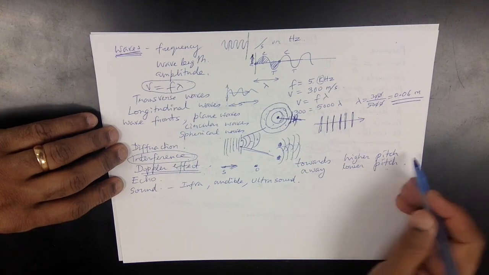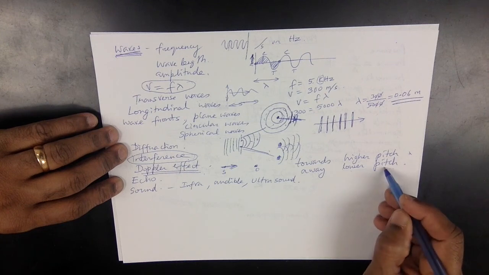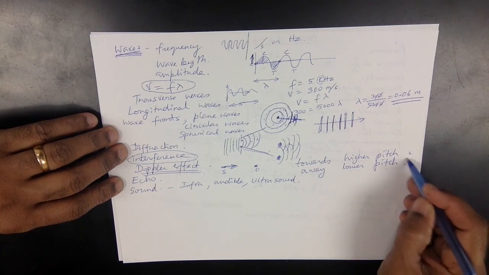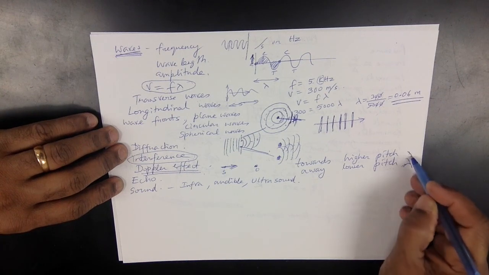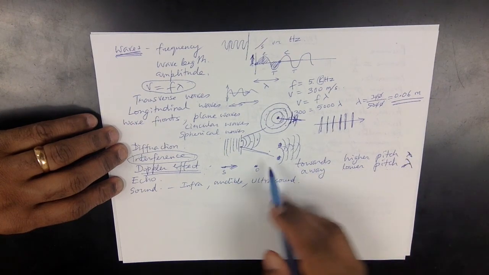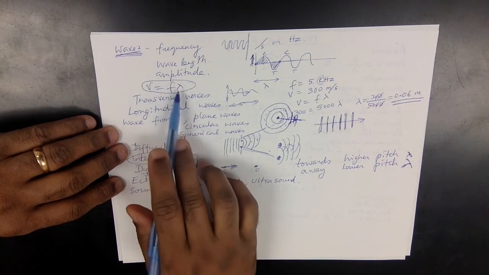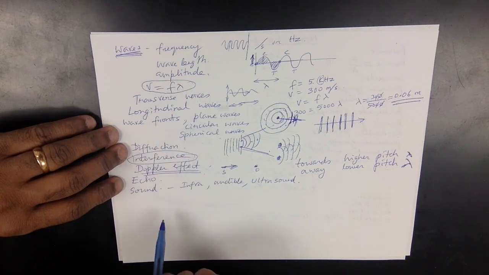Now if it is a higher pitch, then the wavelength must be small. If it's a lower pitch, low frequency means big wavelength. Because wavelength and frequency go in inverse proportion. When the wavelength goes up, frequency goes down. When the frequency goes up, the wavelength should go down.